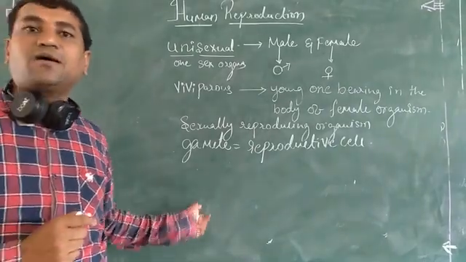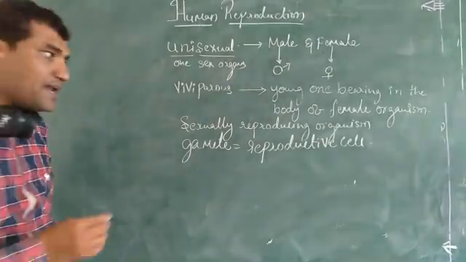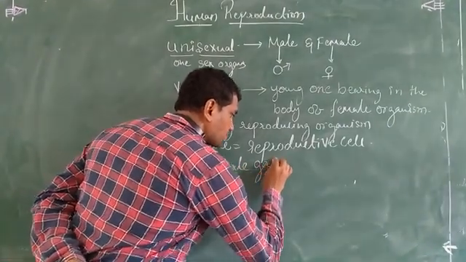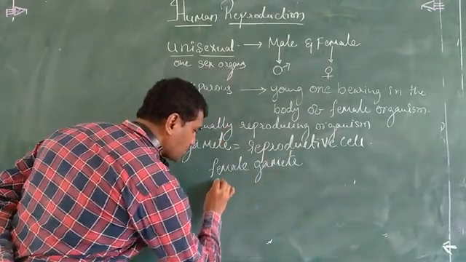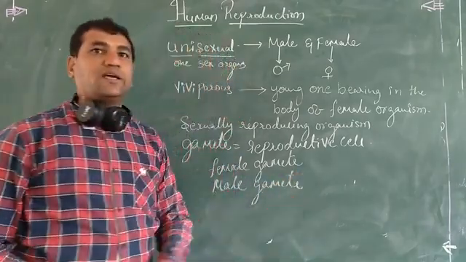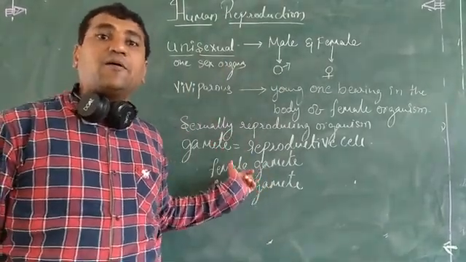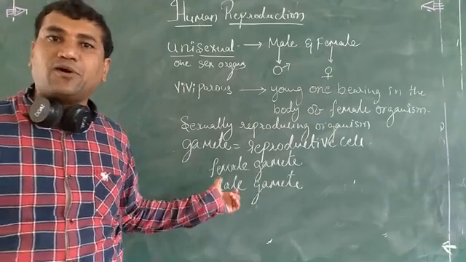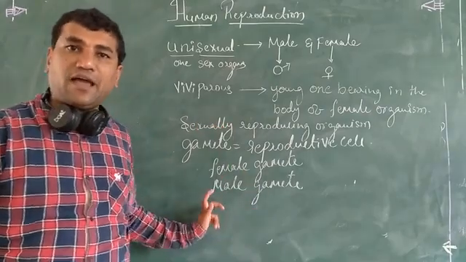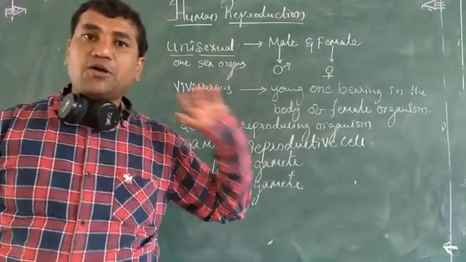Together they are called female gamete or male gamete. So gamete means reproductive cell, and if it is of female origin, it is called the female gamete, and if it is of male origin, it is called the male gamete.